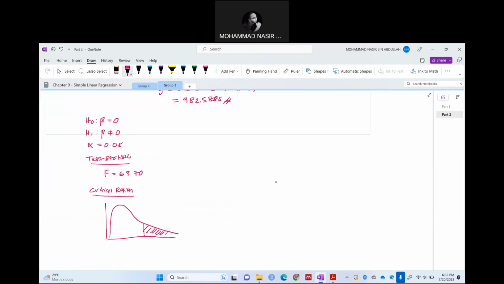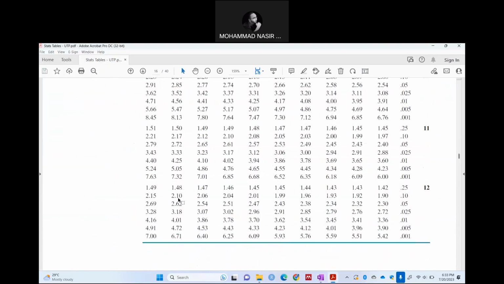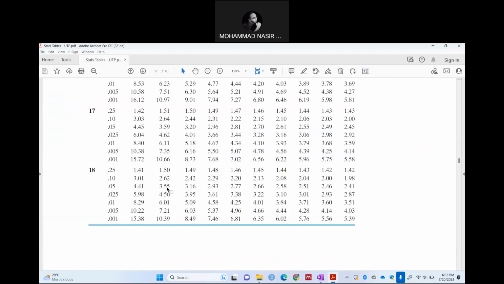The rejection area should be on the right-hand side, always on the right-hand side. So F 0.05, degrees of freedom 1 and 18. Look at the statistical table, find 18. So 0.05, 18, 4.04.